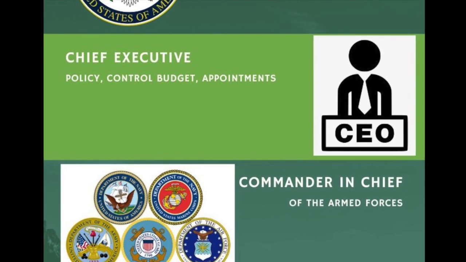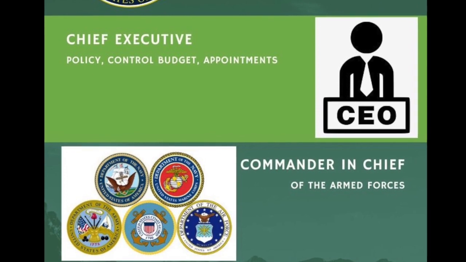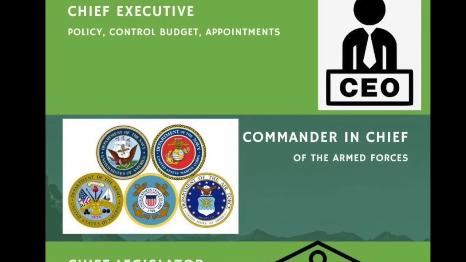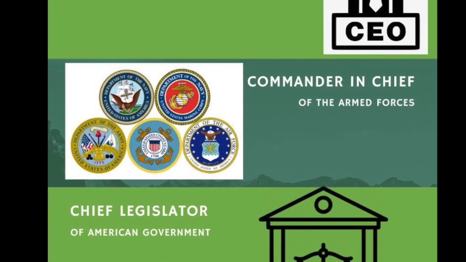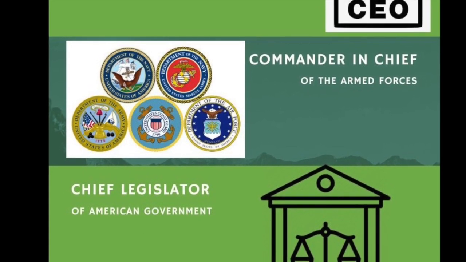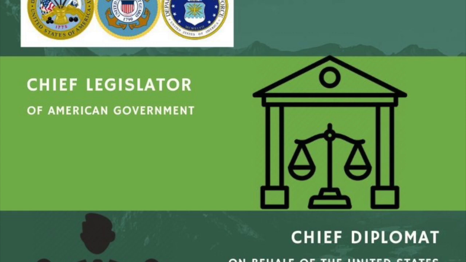The third is that of the commander-in-chief. He is the head of each of the branches of the United States military and is in control of all of the armed forces. Another presidential power is that of chief legislature. He is the final say of the American government and has strong influence over our laws and governing bodies.